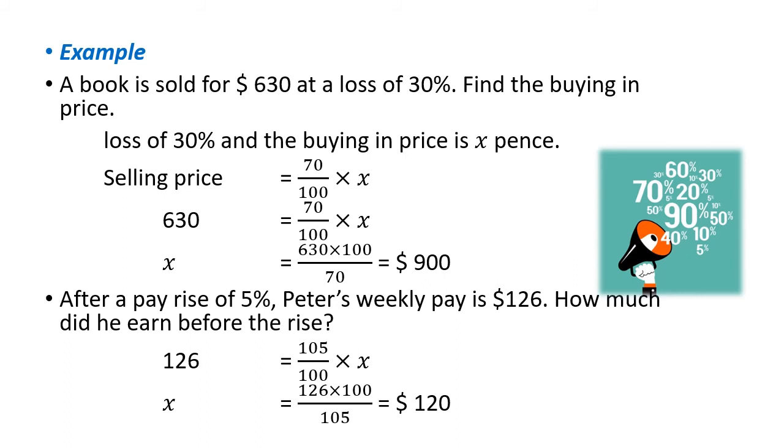You can write it as a fraction, 105 divided by 100. Then here also you have to find what the payment was before the rise. You can take it as 126 equals 105 divided by 100 multiplied by X. You have to find what X is. X equals 126 times 100 divided by 105. The final answer $120.